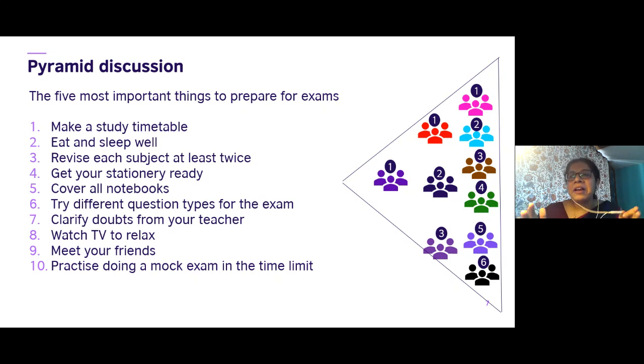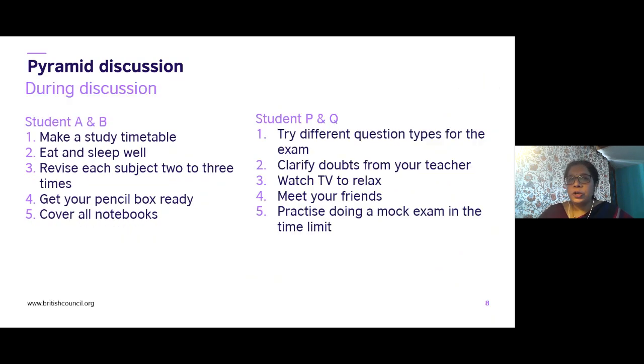After some time, this group of 4 is then put together with another group of 4. So the group of 8 then gets together and tries to decide what are the 5 most important things to prepare for the exams. For example, during a discussion, student A and B have listed these 5 things.